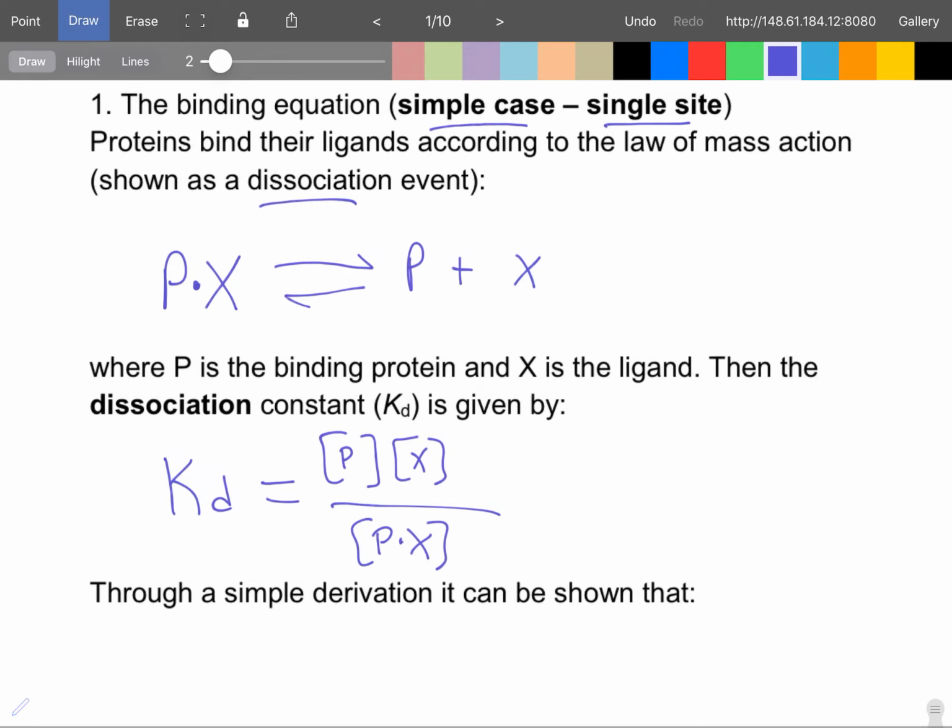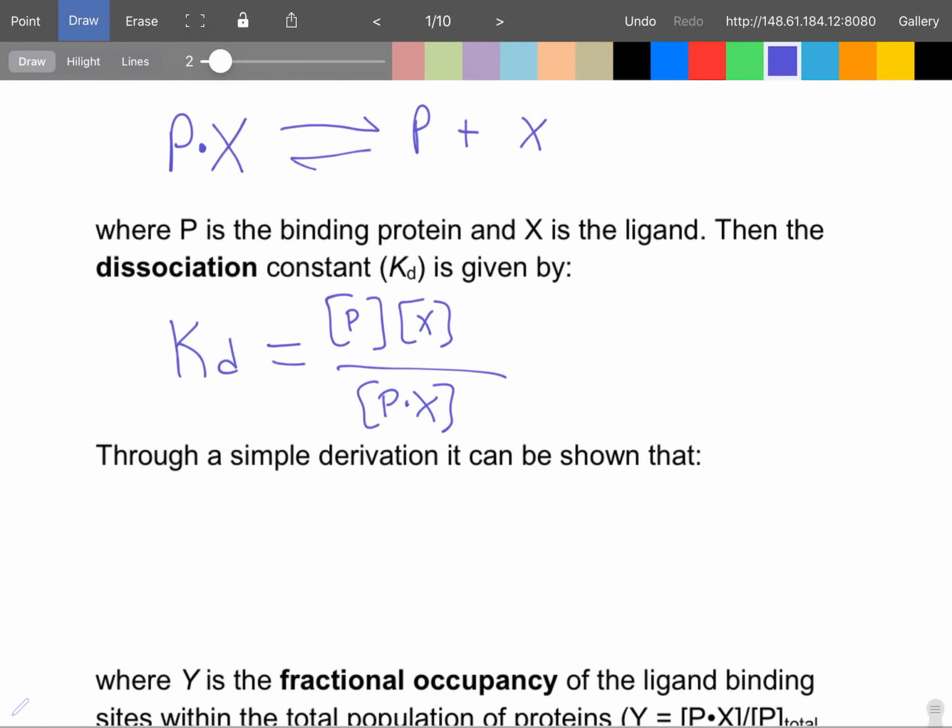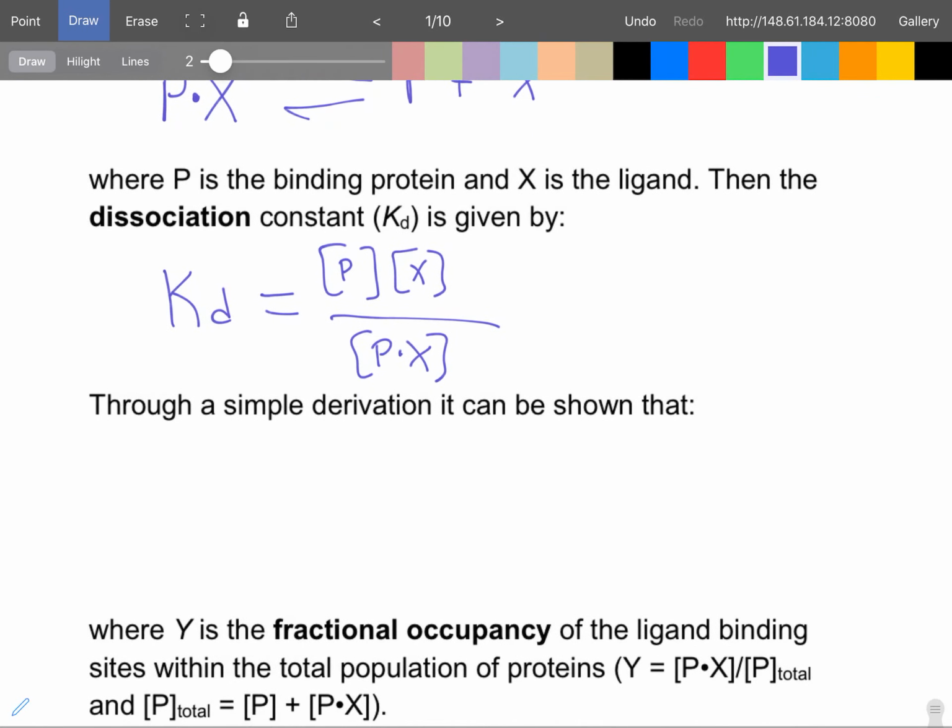We're not going to go through the derivation, but we could rearrange some things, and we'll end up with this new idea called occupancy, or capital Y, equals the free ligand concentration divided by the sum of Kd and that free ligand concentration.